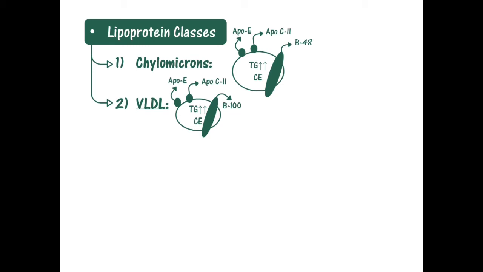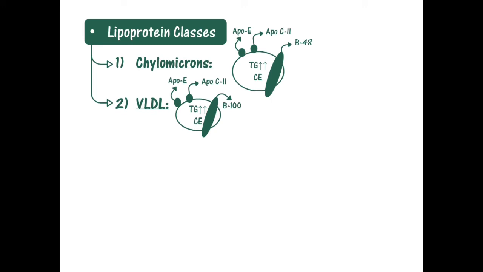Also, the B100 is responsible for the binding of this VLDL on receptors different than the receptors that ApoE binds, where ApoE binds the VLDL on LDL receptors, also known as BE receptor, but B100 binds on receptors on the liver called HTGL. This HTGL will lead to the conversion of VLDL remnants into LDL molecules that we will talk about in a moment. Also, this VLDL, as we mentioned, contains a high concentration of triglyceride and a small amount of esterified cholesterol.